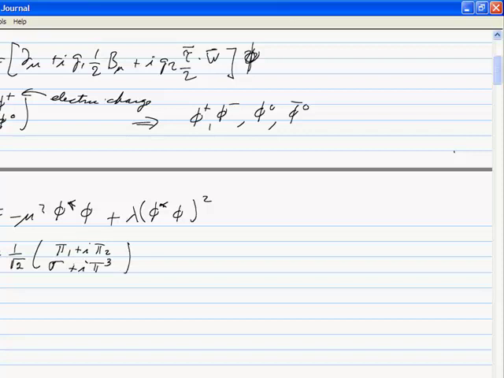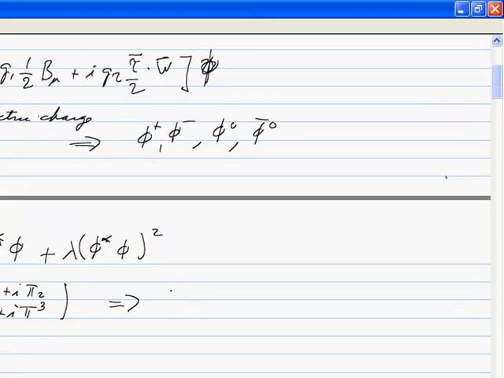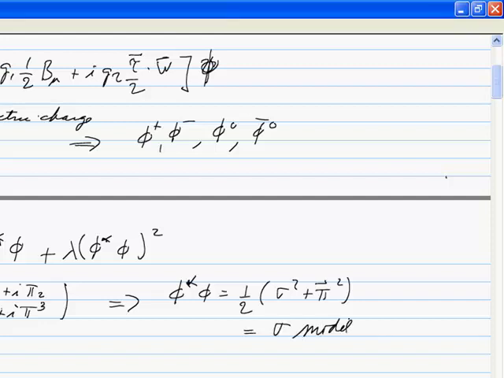There are 4 real fields. Then phi star phi is 1/2 (sigma squared plus pi squared). So this is exactly the sigma model, and the charge assignments are exactly the same as the sigma model also. So as far as the gauge part of the interactions is concerned, all we're doing is here's the sigma model again.